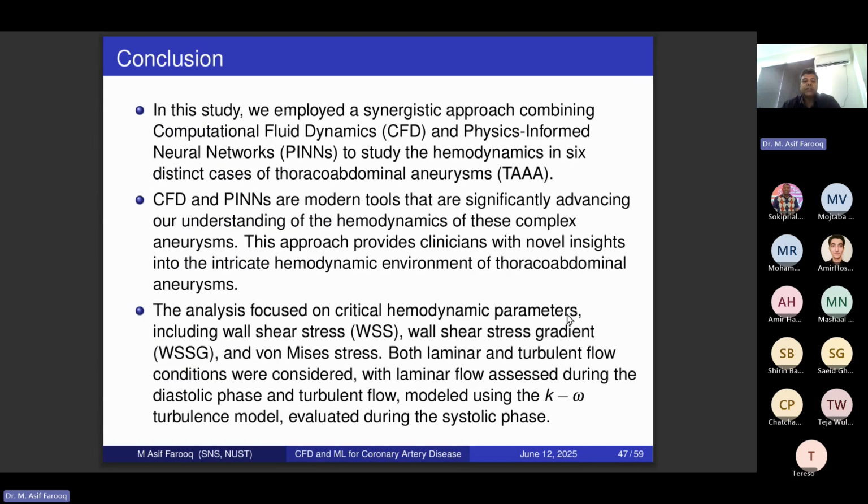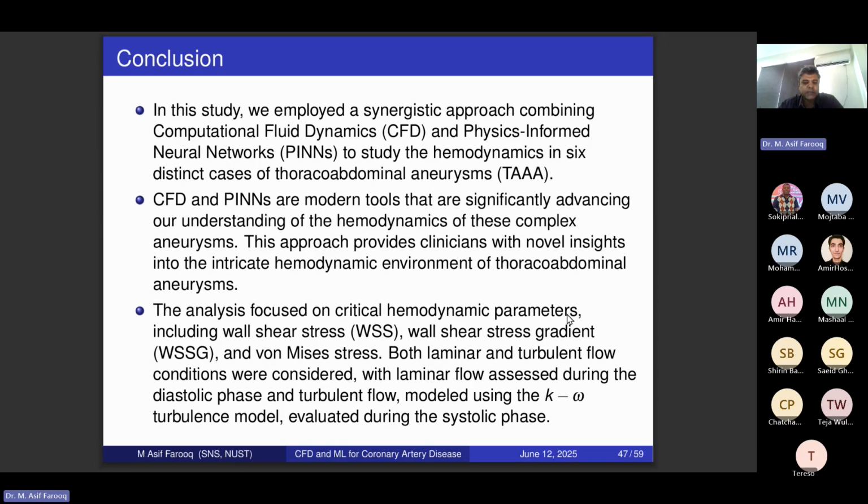So in this work, we have worked on CFD and physics-informed neural networks for thoracoabdominal aneurysm. And we calculated the important parameters: wall shear stress to identify the aneurysm, wall shear stress gradient, and we also calculated the von Mises stress distribution.